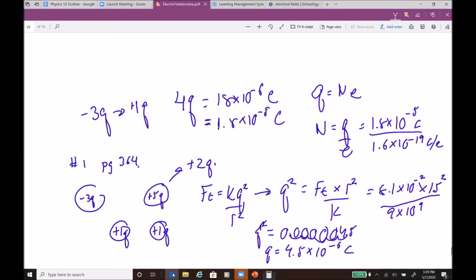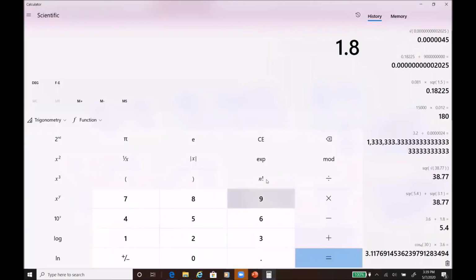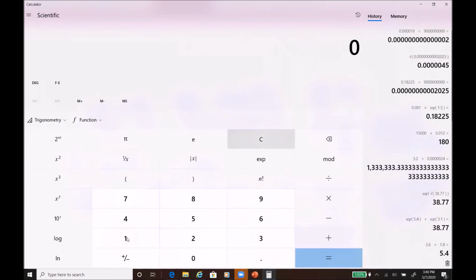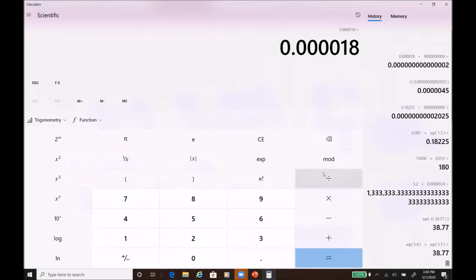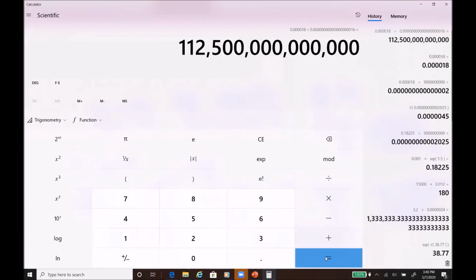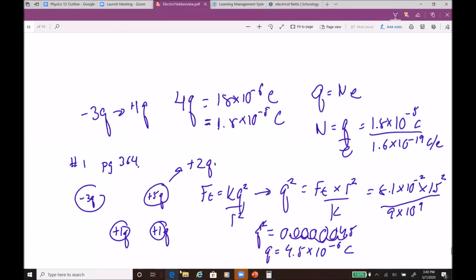So that's 1.8 times 10 to the negative 5 divided by the elementary charge. So what is that? I'll say 1.1 times 10 to the what? 6, 9, 12, 14. So it ends up being 1.1 times 10 to the 14 electrons.